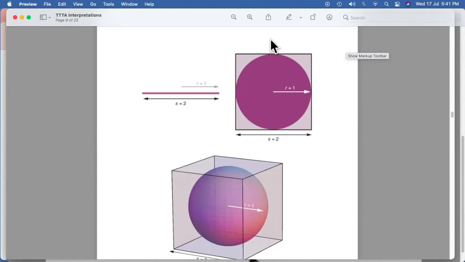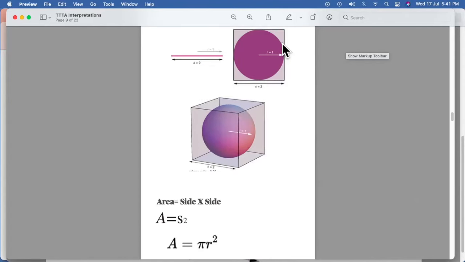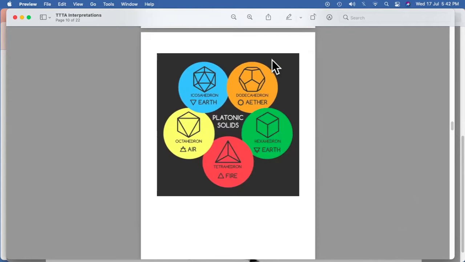Now, if we find the area of the circle and the area of the square, it is much more interesting in terms of formula. The area of the square is side into side, that is side square, and the area of the circle is pi r square. We'll find more about this when we look at the relation between the square and the circle. Again, we are finding more about the platonic solids.